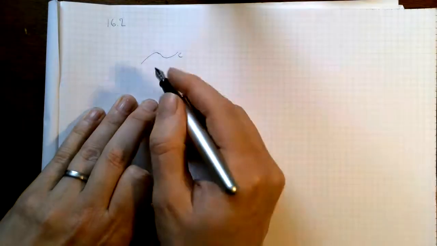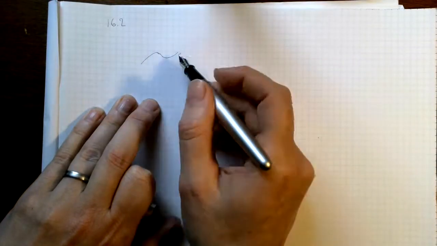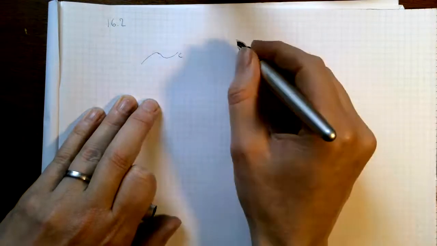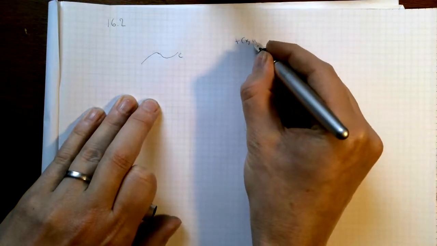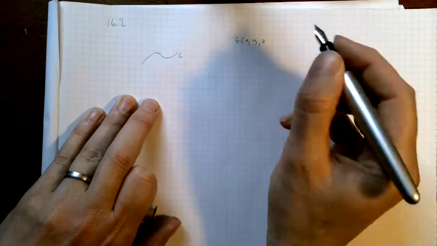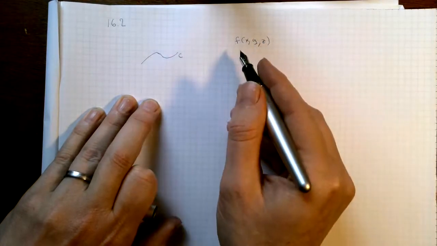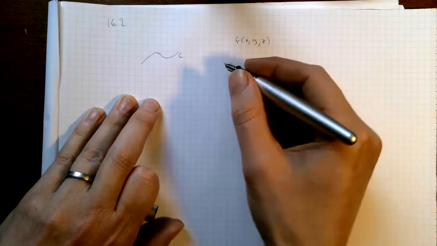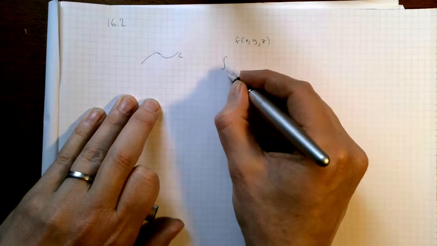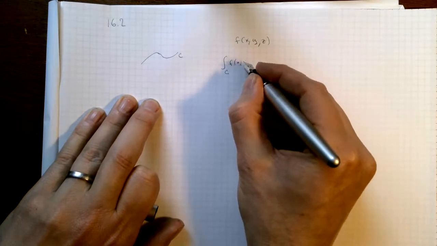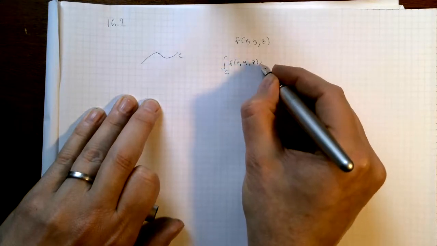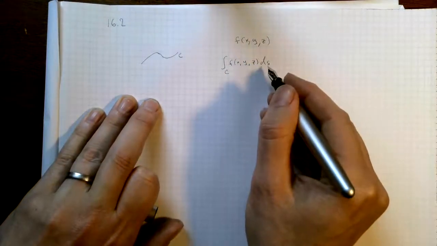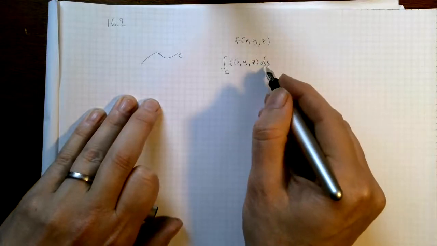But let's just start with a plane, and we have some function f of x, y, z. This is defined on C, and what we want to do is integrate over C f of x, y, z with respect to the so-called length measure. We're going to write ds with a little s over here.